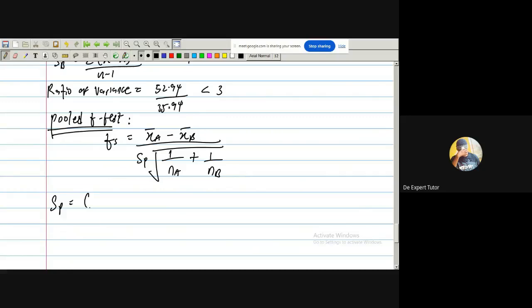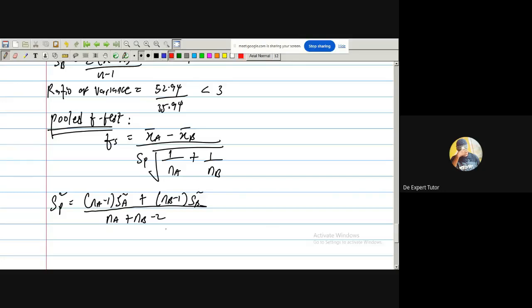And your S P is what? The square root of N A minus 1 times S A square plus N B minus 1 times S B square, all over N A plus N B minus 2.